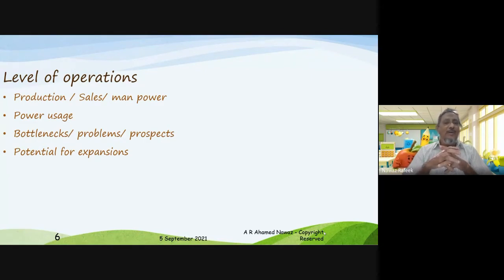In the manpower, how much manpower is needed, the quality of manpower, a number of things have to be looked at. In the power usage, whether it is direct power or generating your own power, how the power is used. And what are the bottlenecks, the problems of the business.